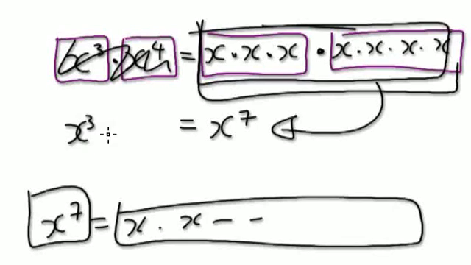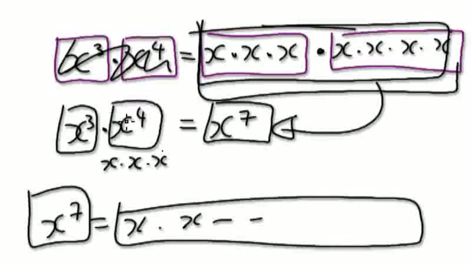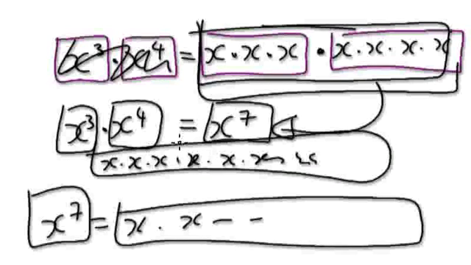When you're given x to the power of 3 times x to the power of 4, it basically means this, because this here means x times x times x, and this here means x times x times x times x. Well, it basically means x to the power of 7.